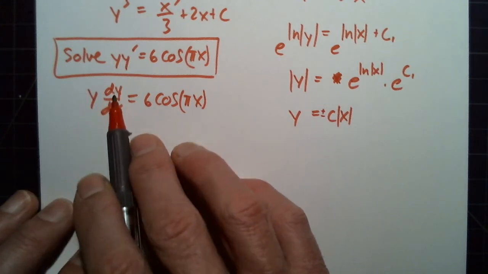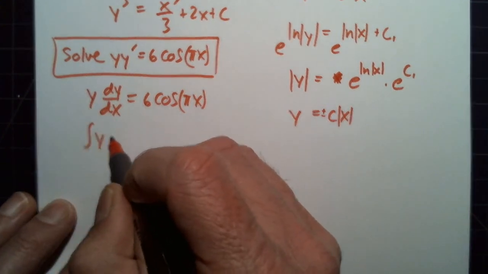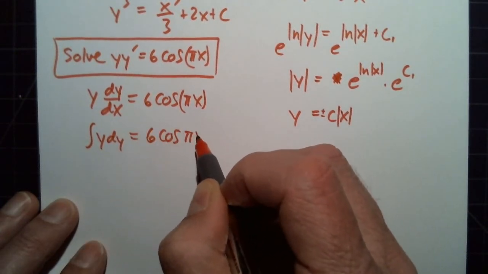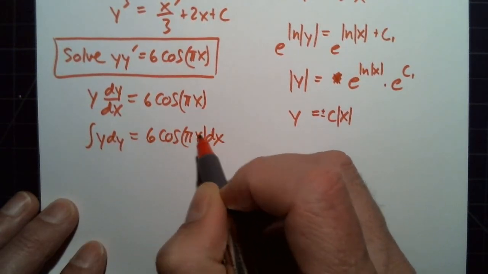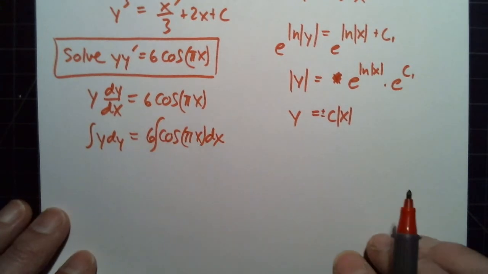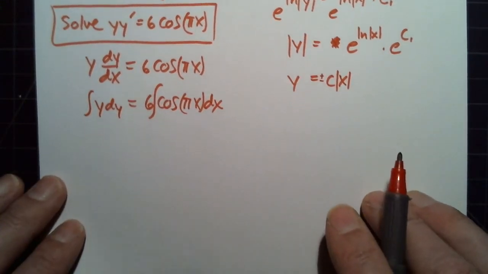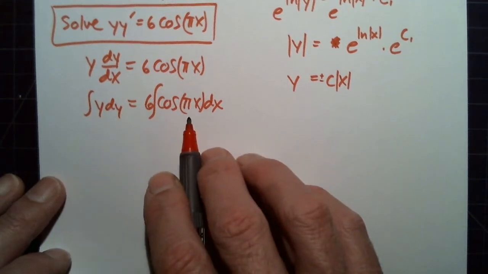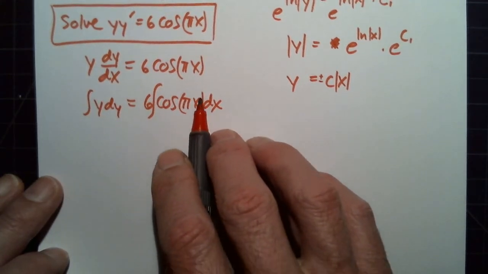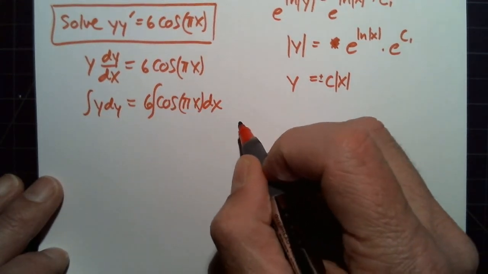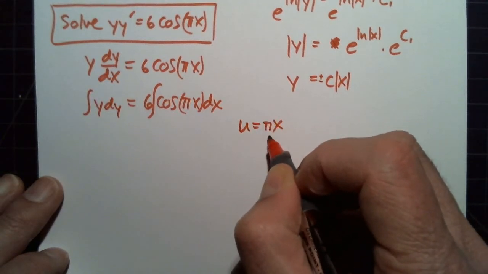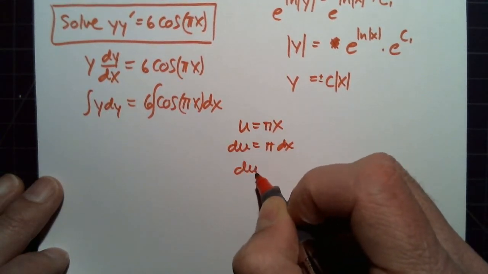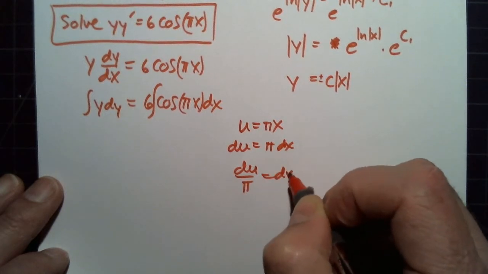We have y dy on the left, 6 cosine pi x dx. And that one's an easy one. Here we would need substitution. If we have u equals pi x, du is pi dx, du over pi is dx.